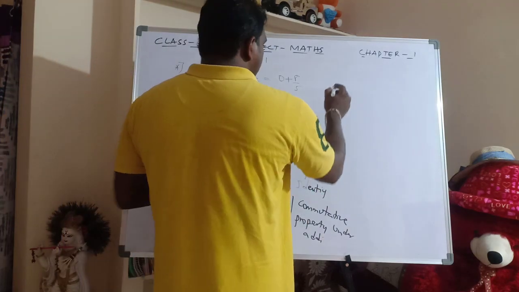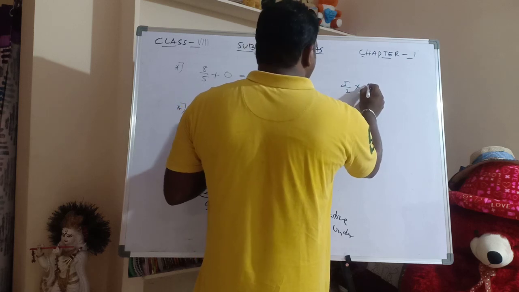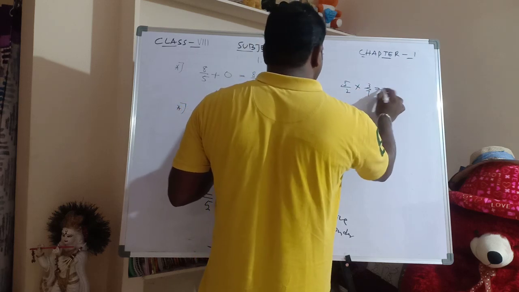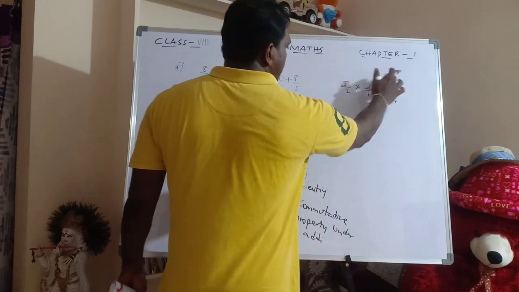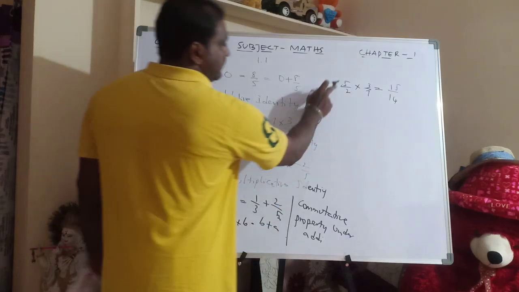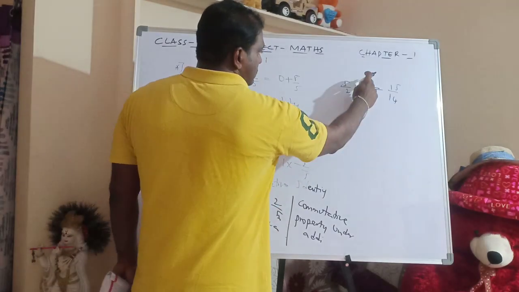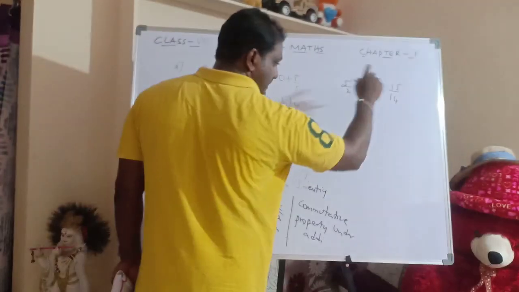Next, I'll go for example number 6. 5 by 2 into 3 by 7 is equal to 15 by 14. 5 3s are 15, 2 7s are 14. In this case, 5 by 2 is one rational number, 3 by 7 is a rational number. When we multiply, we get one rational number.